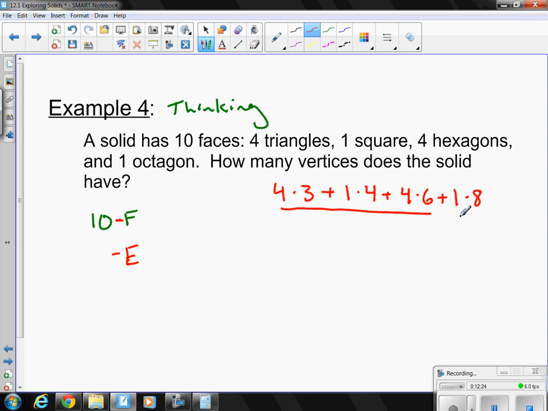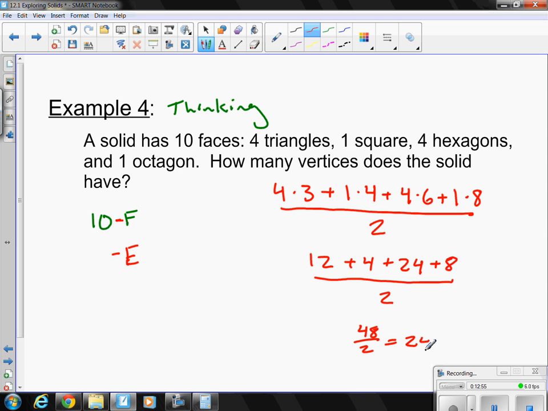So I have to take that number and divide it by 2. So 12 edges for the triangles, plus 4 edges on the square, plus 24 edges of the hexagons, plus 8 edges on the octagon. Divide that by 2. Add these together, we get 16, 40, 48. 48 divided by 2, we have 24 edges.